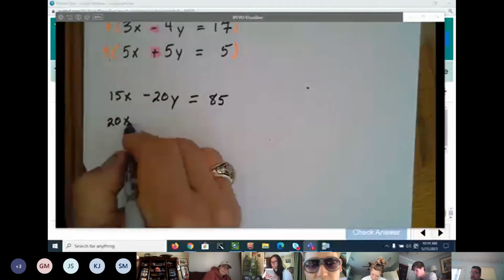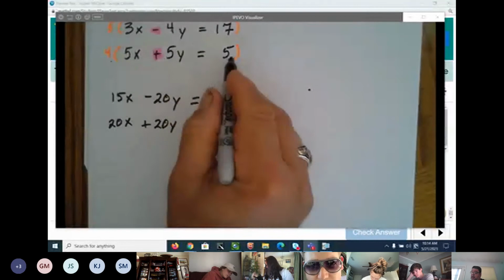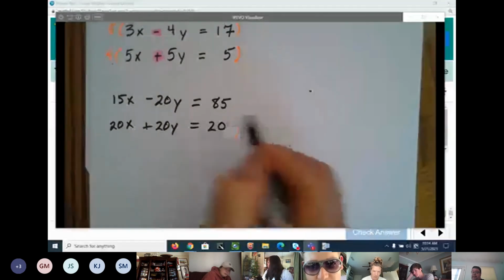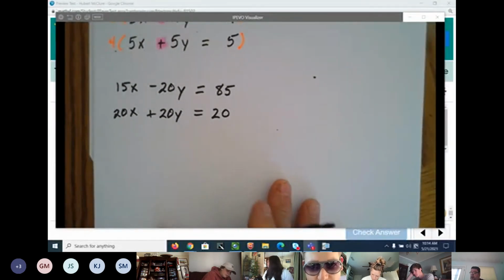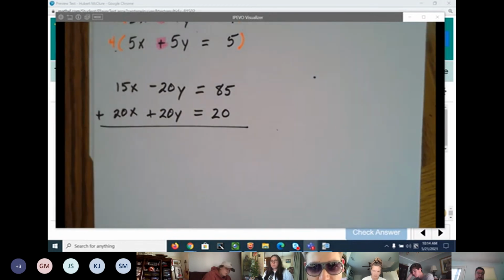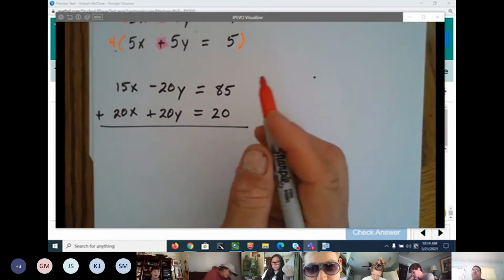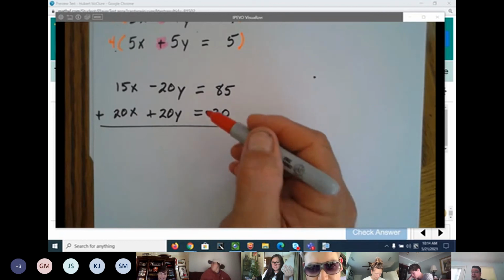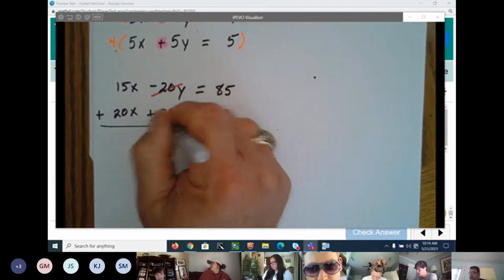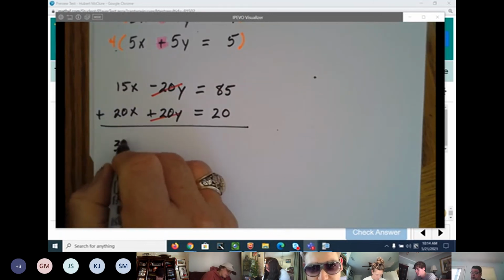And 20x plus 20y equals 20. And we're going to add these two together, and of course, get our red pen out. Mr. King is going to make everybody dizzy this morning. Take the 20y out, and that's going to leave us with 35x equals 105.